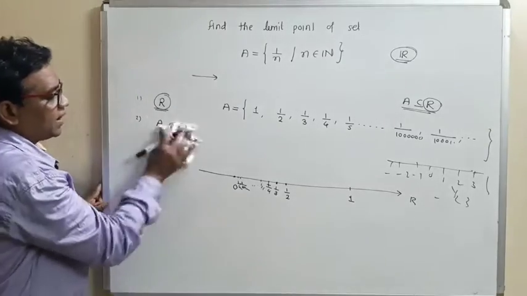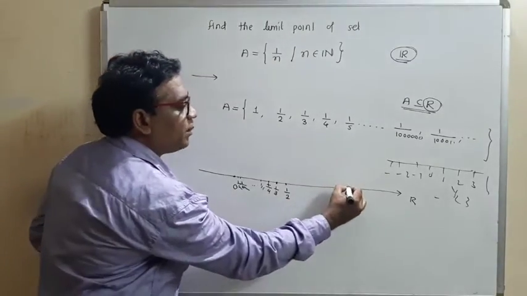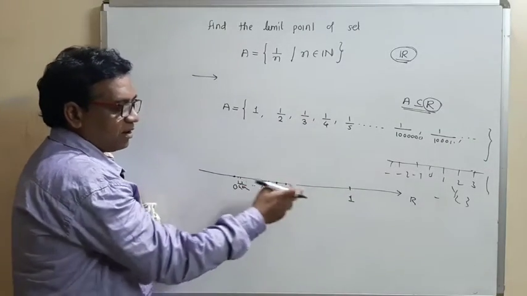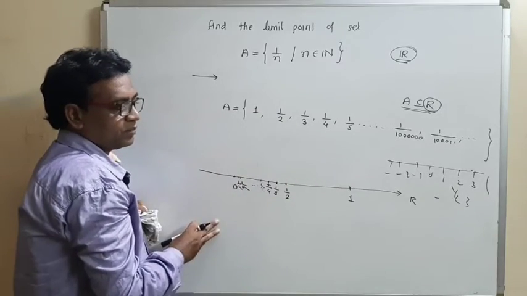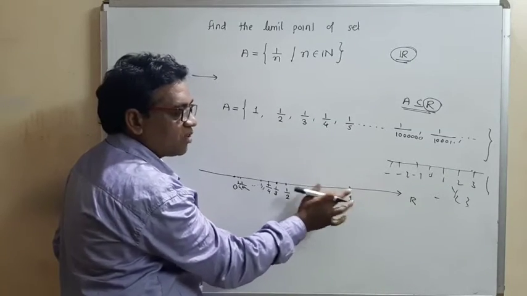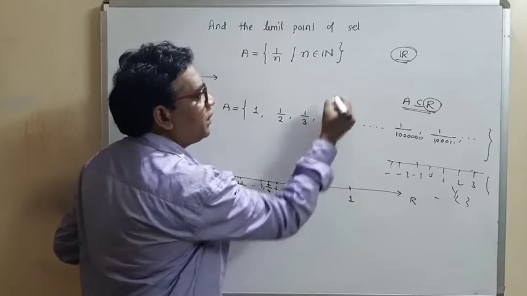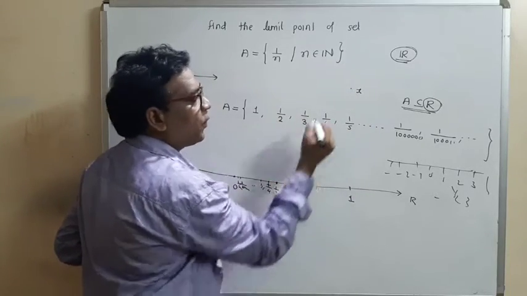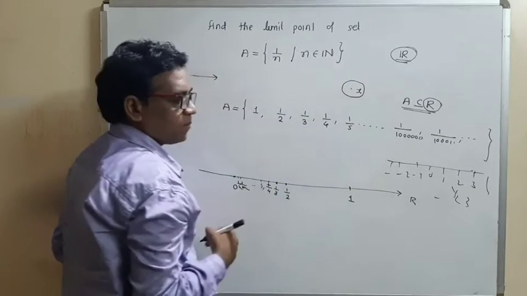Now let us check the elements for limit points. Suppose this is 1. Check whether 1 is a limit point of the given set or not. This point 1 is not a limit point. What is the condition for limit point? If X is a limit point, then we have to find every open sphere.